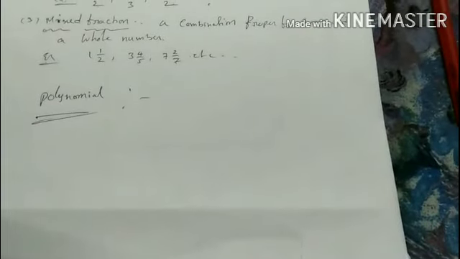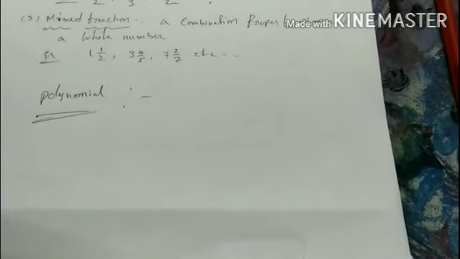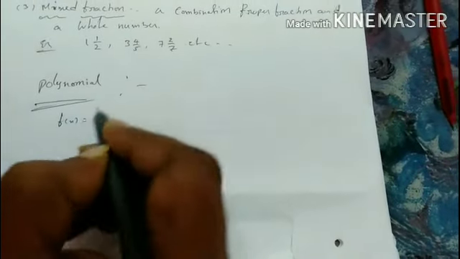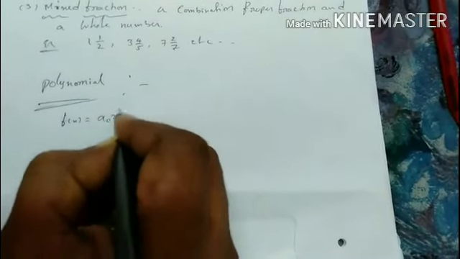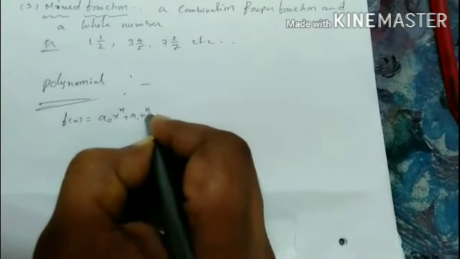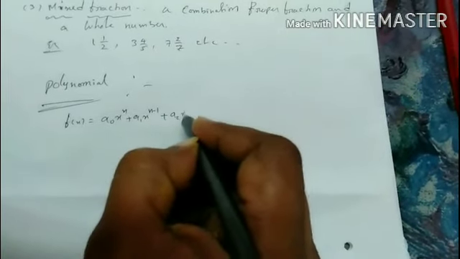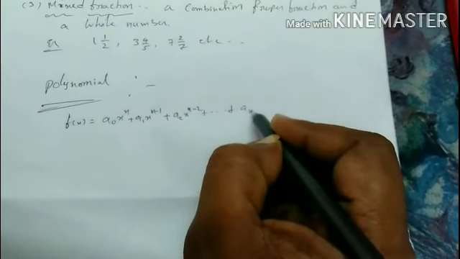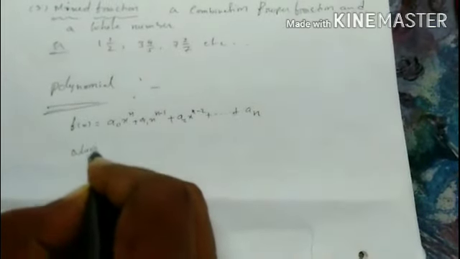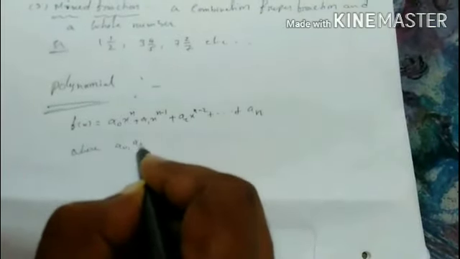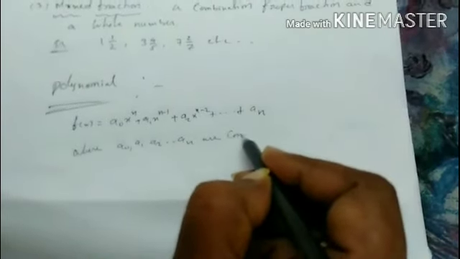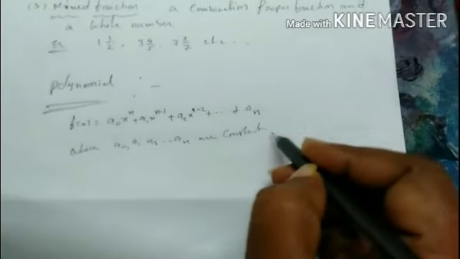What is the general polynomial equation? f of x equals a naught x power n plus a1 x power n minus 1 plus a2 x power n minus 2 plus and so on, plus an, where a naught, a1, a2, and so on to an are constants.